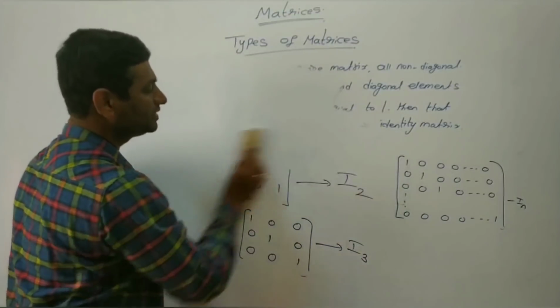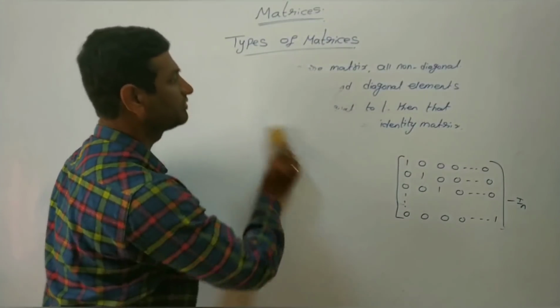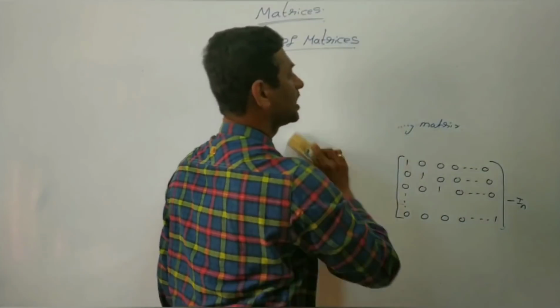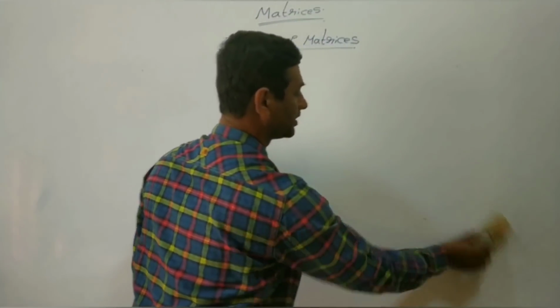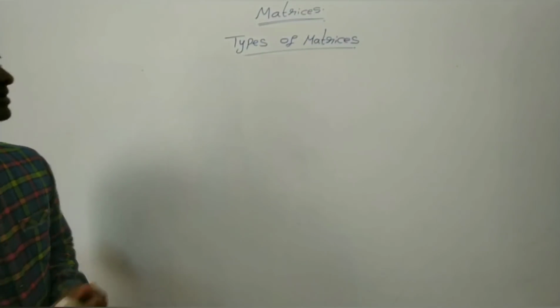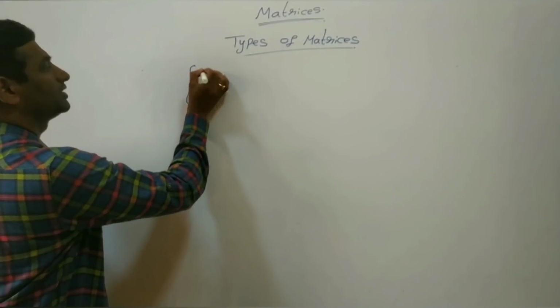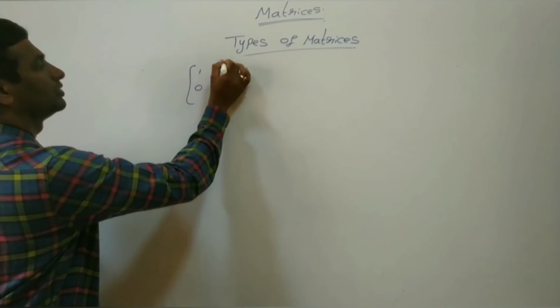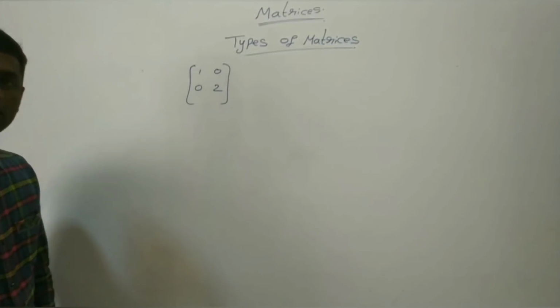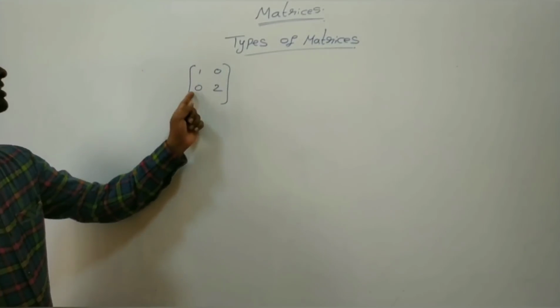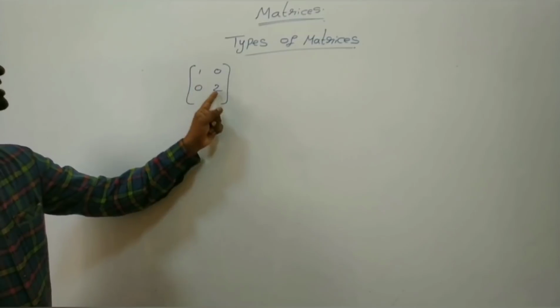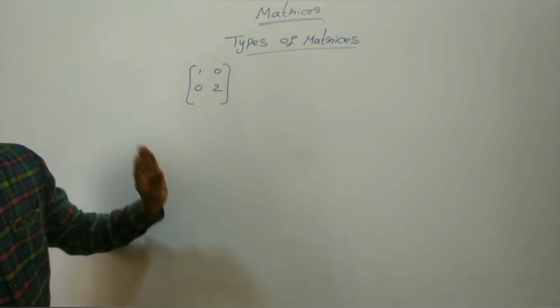So what is the relation between diagonal matrix, scalar matrix and identity matrix? We will see. For example, 1 0 0 2. It is an example of a diagonal matrix where all non-diagonal elements are 0 and diagonal elements are not equal.